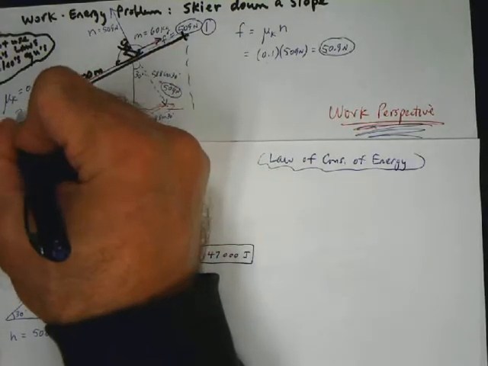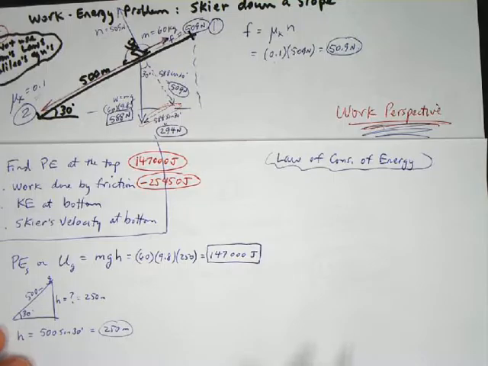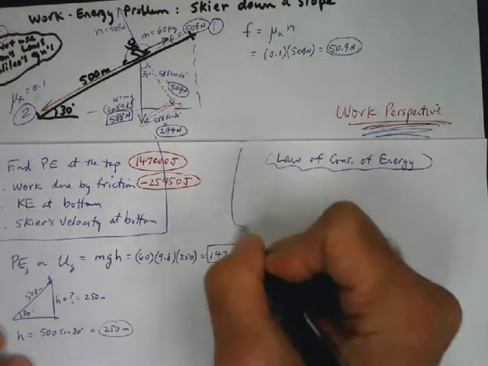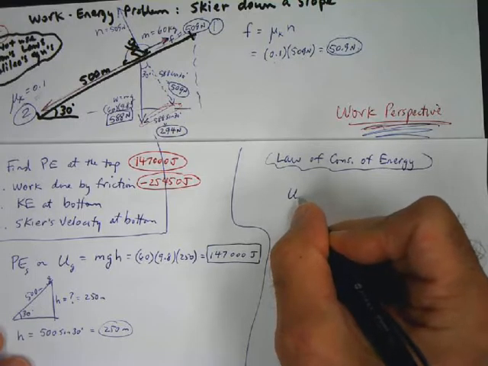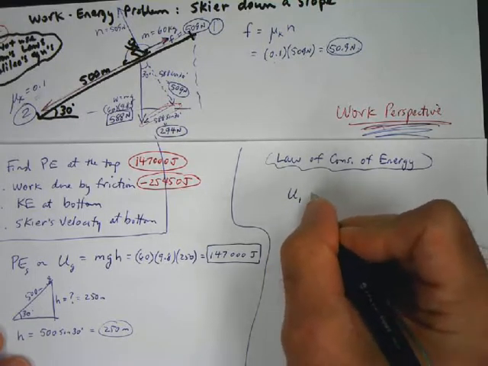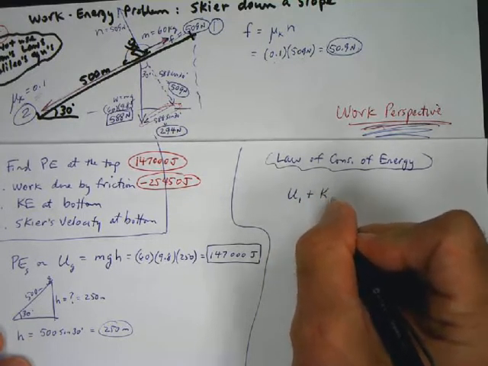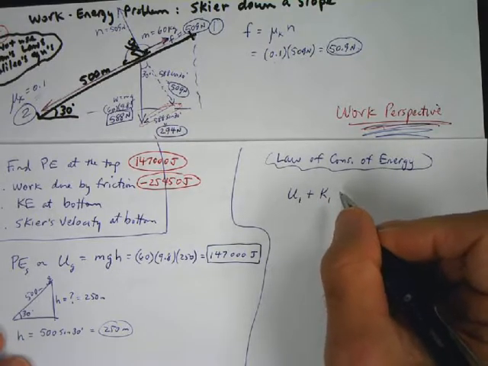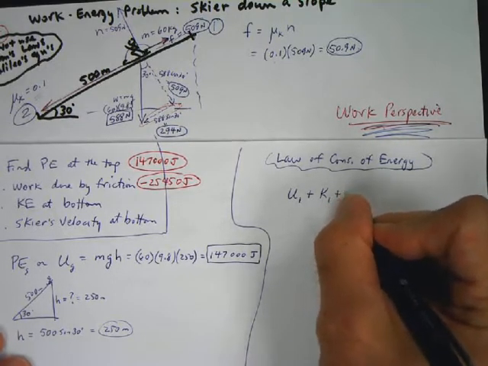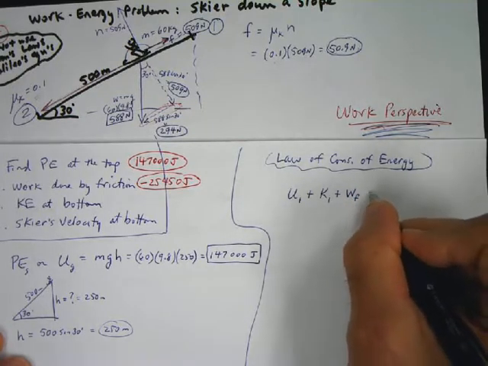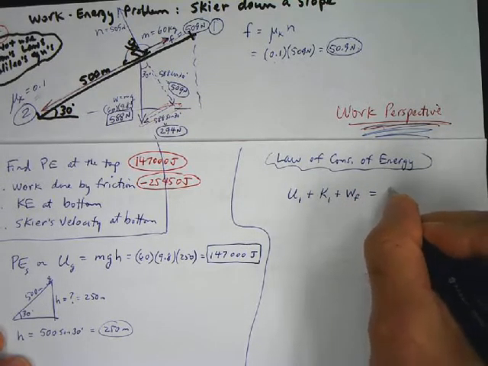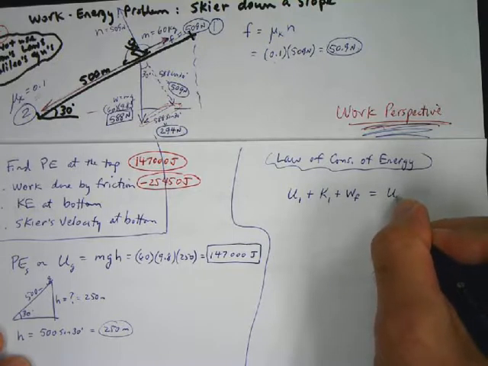We have the gravitational potential energy at position 1, plus the kinetic energy at position 1, plus the work done by friction, equals the potential energy down at the bottom, position 2, plus the kinetic energy down at the bottom, and that should work just fine.